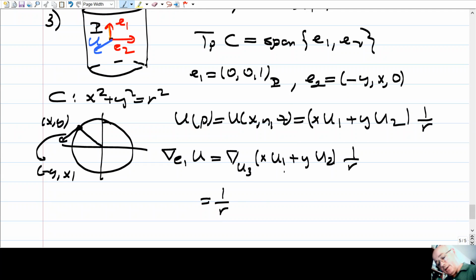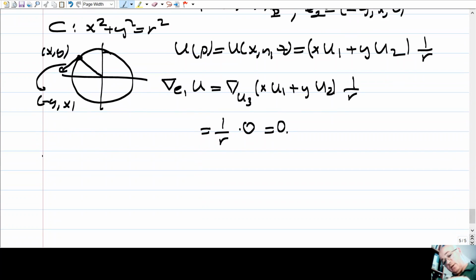And then I take the U3 derivative of this. Well, how do we do this? We just take derivatives of the coefficient functions, right? The coefficient function x has derivative 0 with respect to u3. And the coefficient function y has derivative again 0 with respect to u3. So you just get 0.